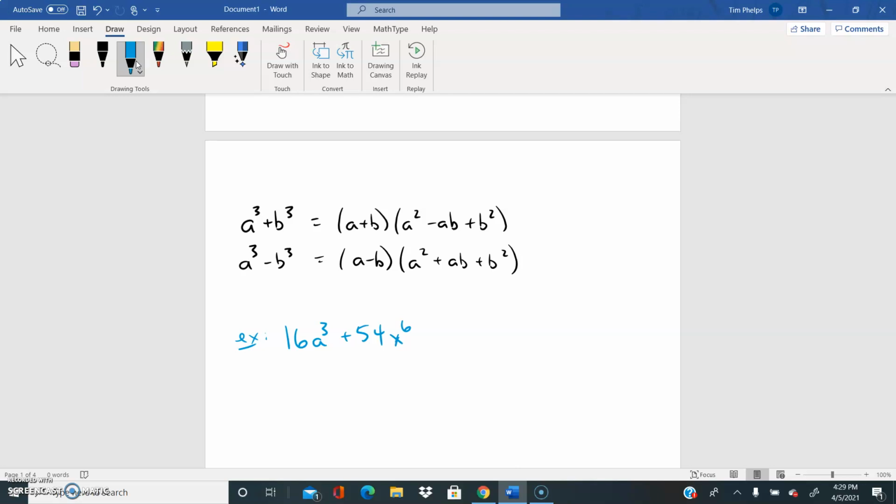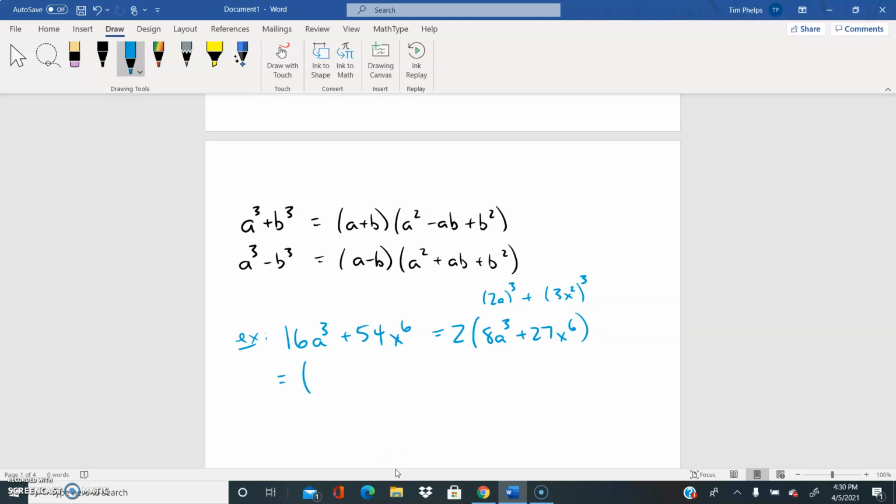But if I look at them, I can notice that there's a 2 in each case. So if I factor the 2 out, I get 8 a cubed plus 27x to the 6. And now I can do a sum of 2 cubes. My a is 2a, since 8a cubed is 2a cubed, and 27x to the 6 is 3x squared being cubed. So b is 3x squared.